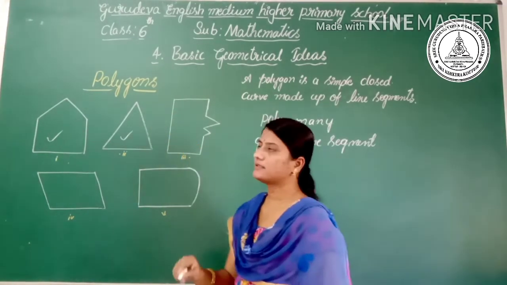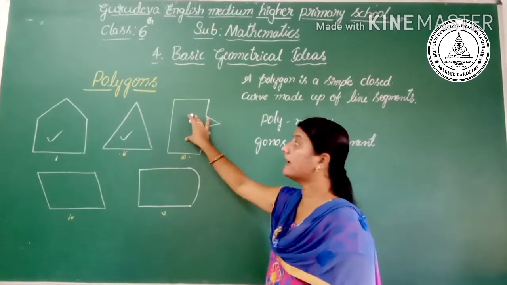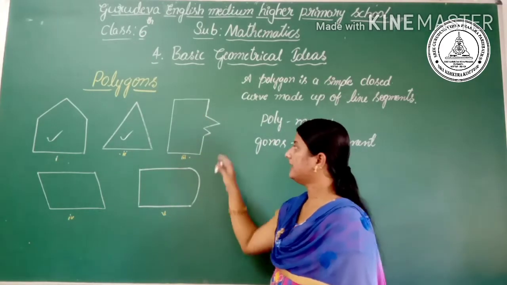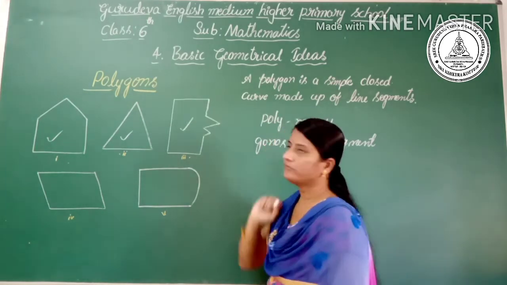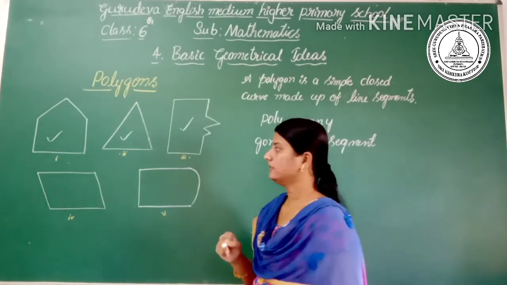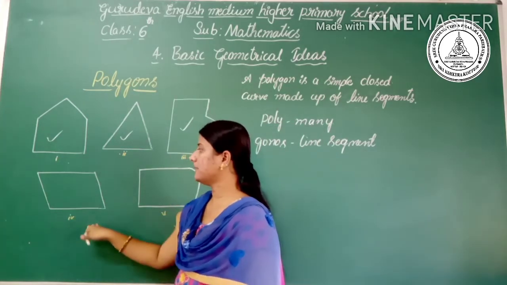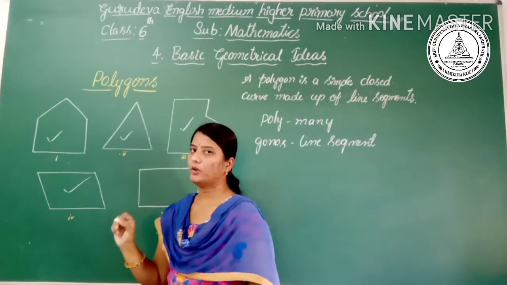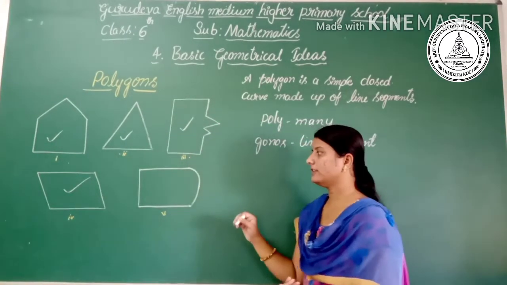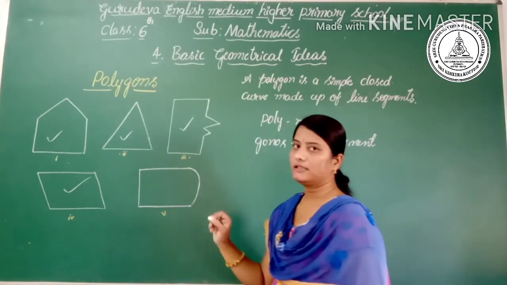The third figure is also a closed curve and a simple curve made up of line segments, so it is also a polygon. The fourth one, the closed curve, is made up of 4 line segments, so it is a polygon. The fifth one is not a simple curve. Why?